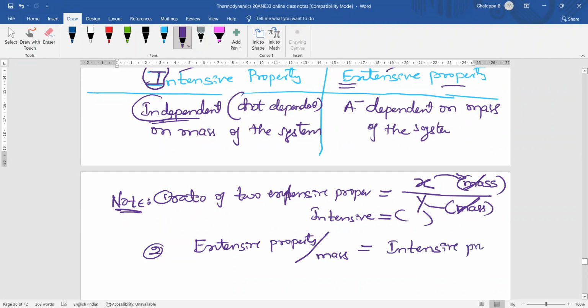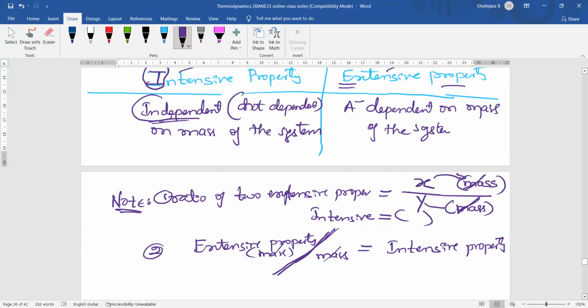Keep it in mind. Why? An extensive property depends on mass, so mass is there in the numerator, and you are dividing it by mass externally in the equation. So mass gets cancelled. Again, it becomes an intensive property.